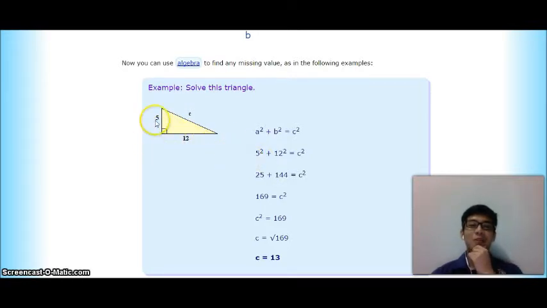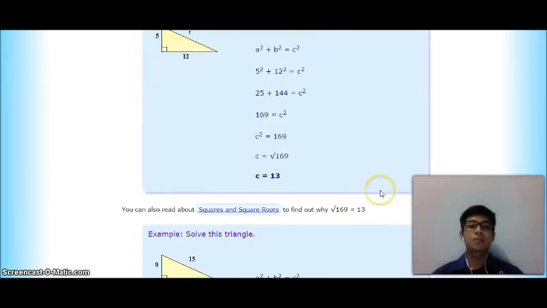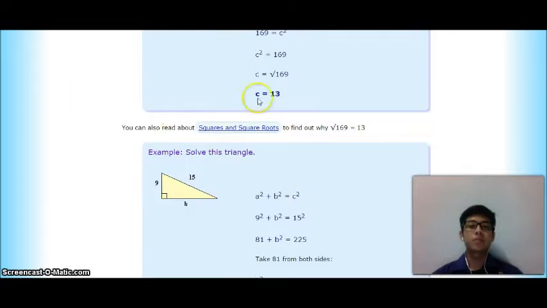We replace side a with 5 and side b with 12, and calculate it on the calculator, and it equals 169. When we put 169 under the square root, it becomes 13. So the length of side c is 13. It's pretty simple as that.